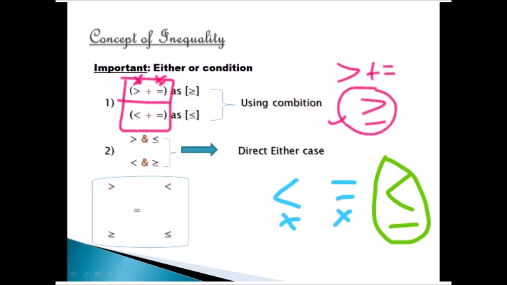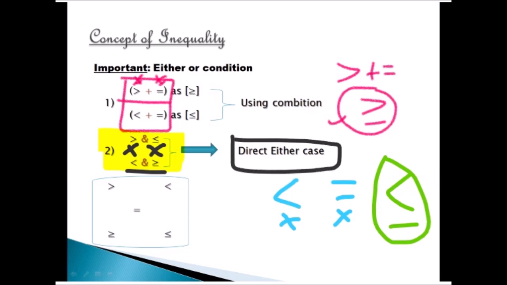Second condition, if the first conclusion is greater than and the second conclusion is less than equals to, and both are false, as well as less than and greater than equals to, if this kind of conclusion is there and both conclusions are false, then directly we can say that this kind of conclusion is either case.